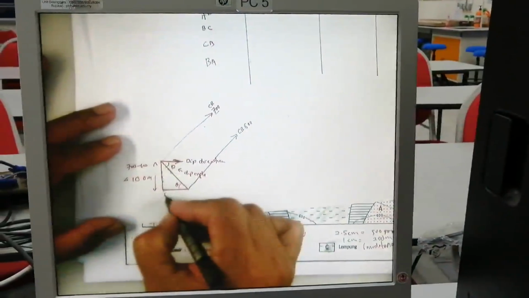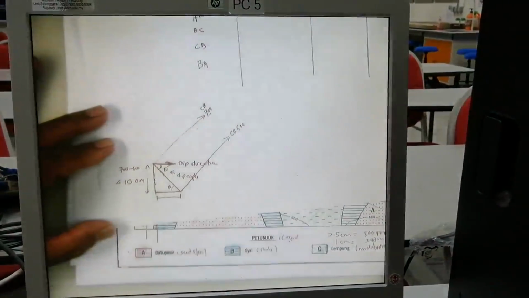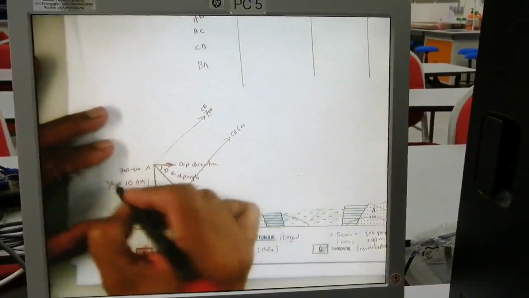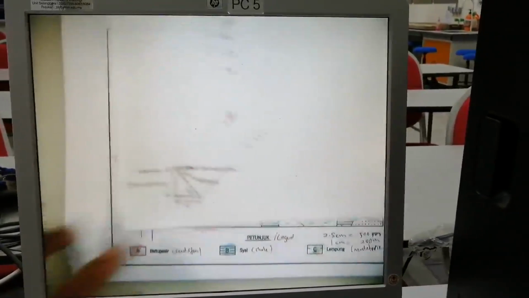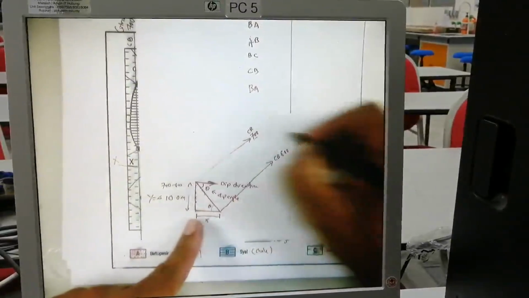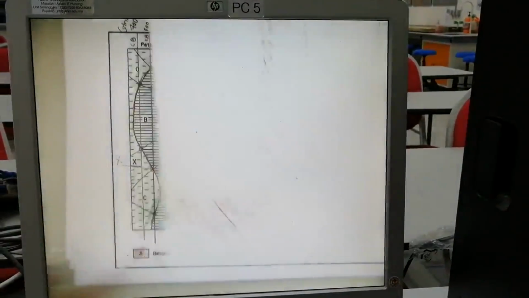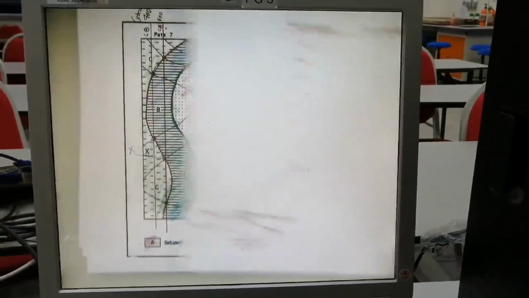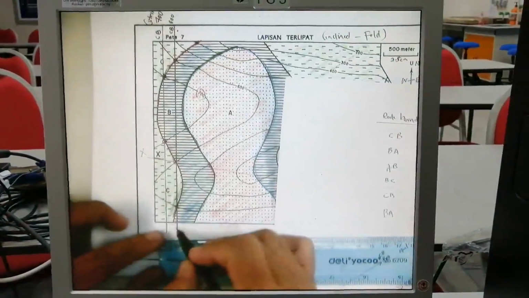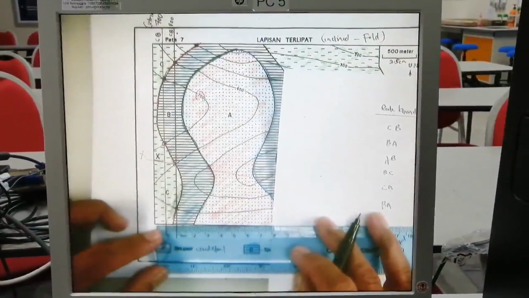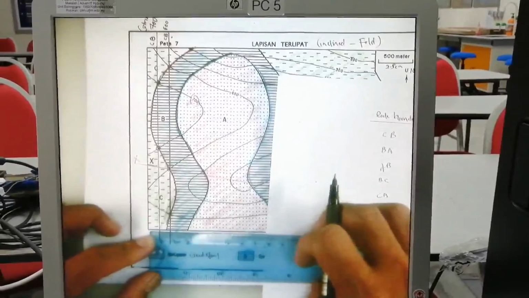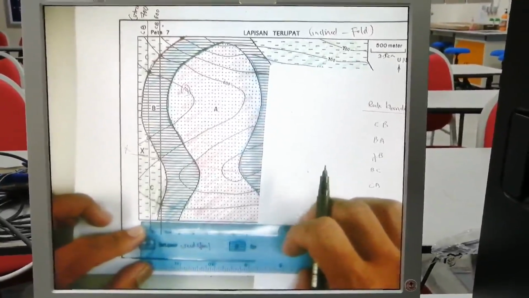To get the horizontal distance, I call it x here and this one y. x is the distance between the two straight lines. You can measure it from this line, this line 700 and this line 600. Since you made the lines parallel, you have a similar distance between the two lines. In this case, about 0.8.